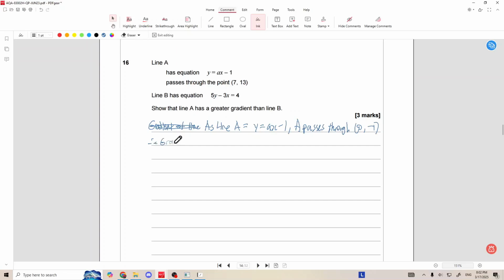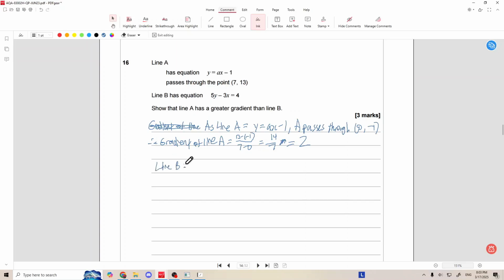So gradient, we will use those 2 points to calculate the gradient of line A. So we'll do 13 minus minus 1 over 7 minus 0, which is 14 over 7, equals 2. The gradient of line A is 2.